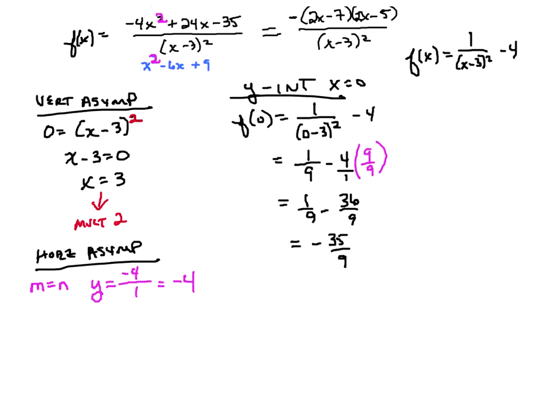So I have a y-intercept at -35/9, which, let me do the division in my calculator, 35 divided by 9. Okay, so this is a y-intercept at approximately -3.89. So almost -4.